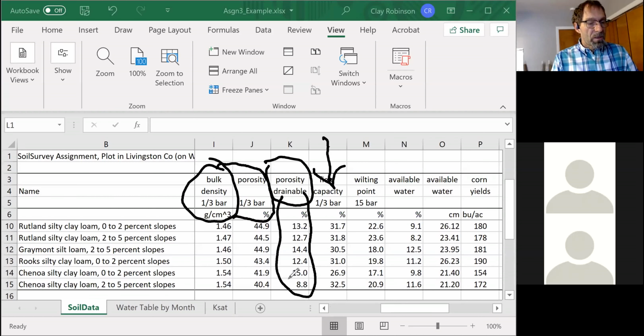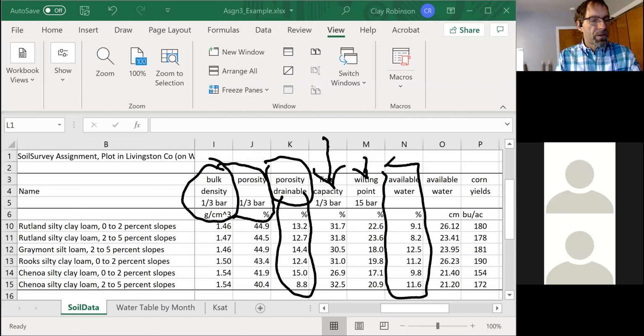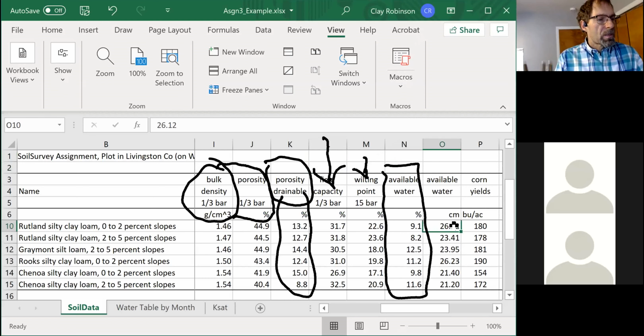Then we did field capacity, we did wilting point. You can calculate the percent available water as the difference between field capacity and wilting point. And if you know a rooting depth, you can estimate the amount of available water in centimeters.